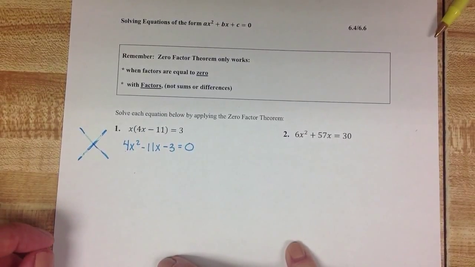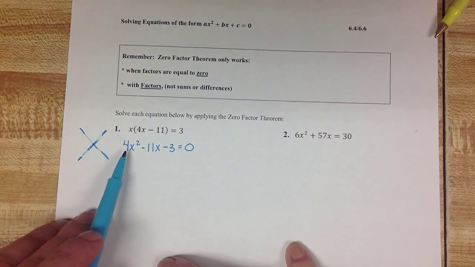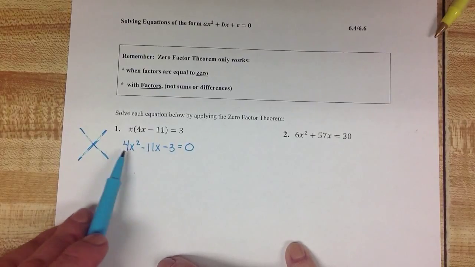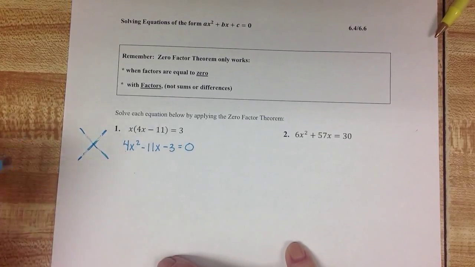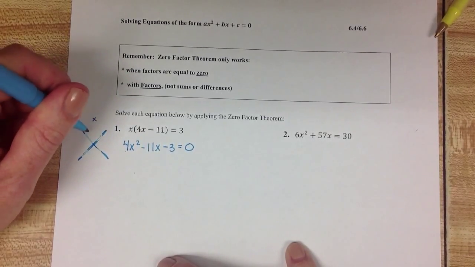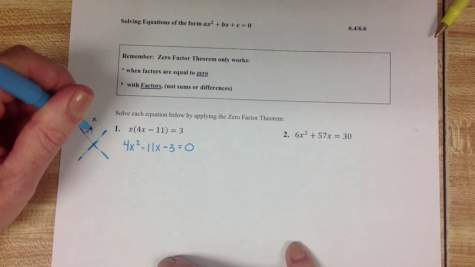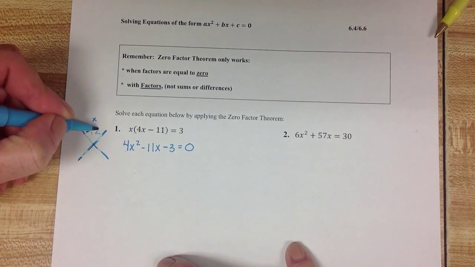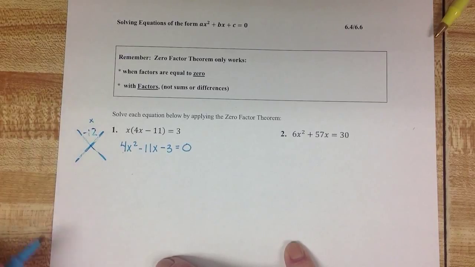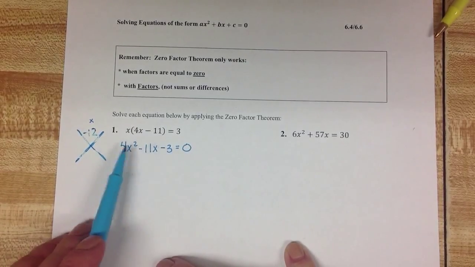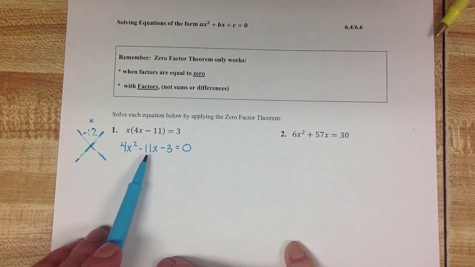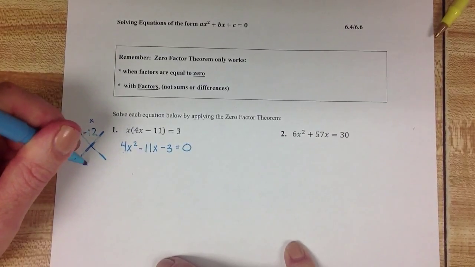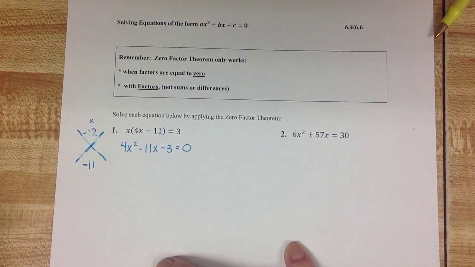So I stole this particular technique from Stephanie, a student I had in my class last semester. She takes the outside terms, the 4 and the negative 3, and multiplies those together and puts those at the top of a big letter X. So the product of these two goes here, and the sum that you're aiming for, that negative 11, goes down here.